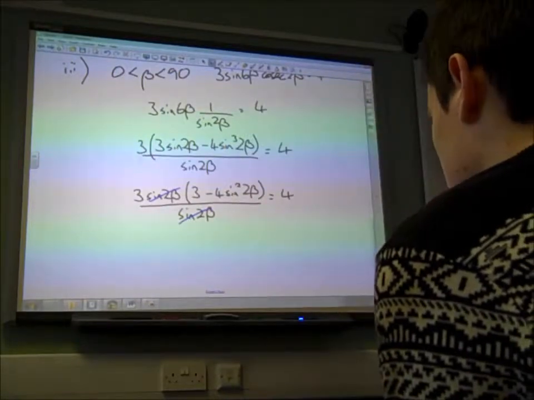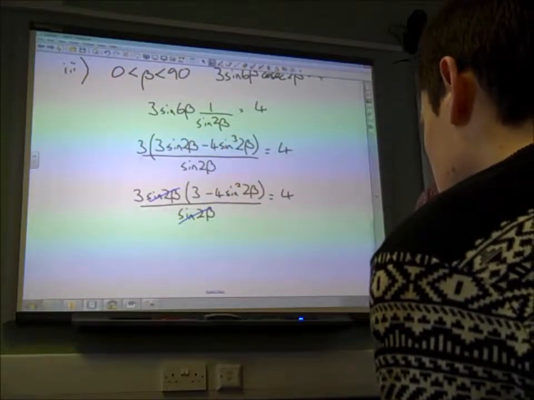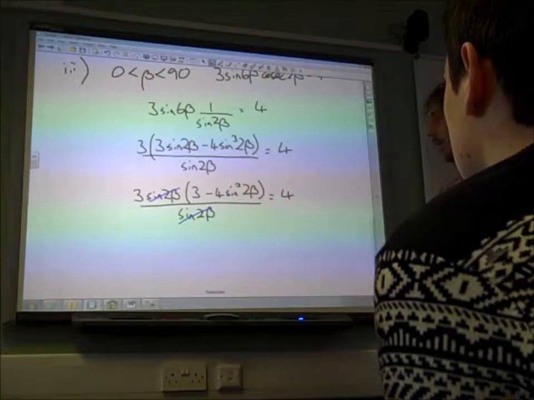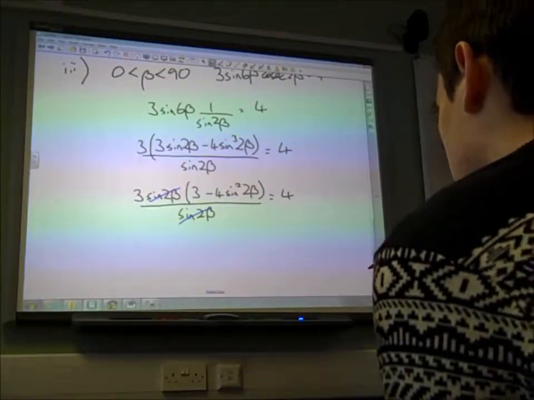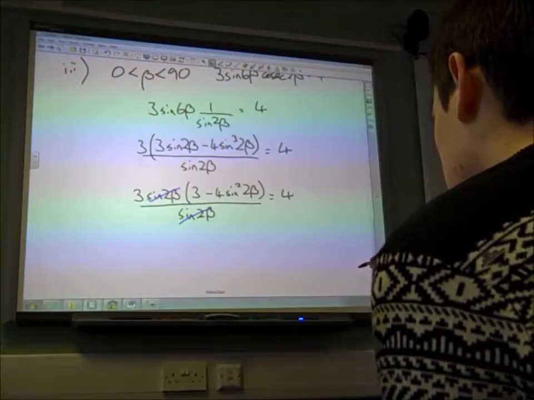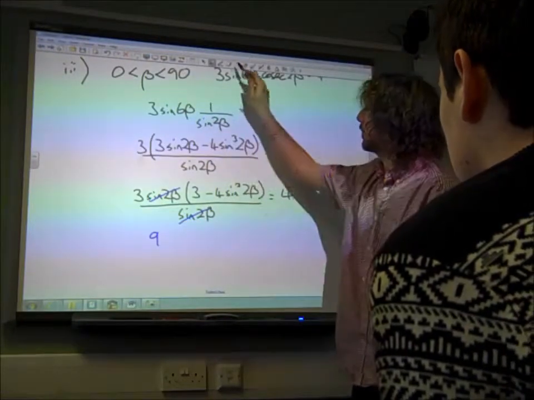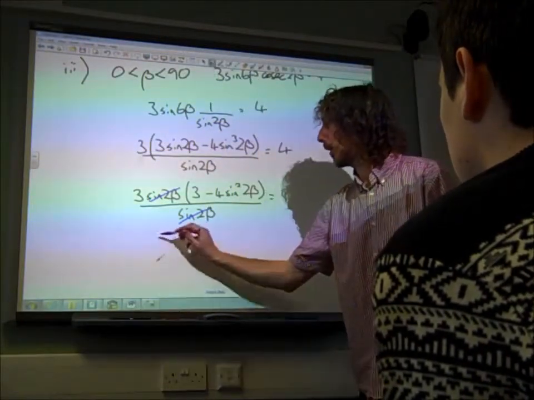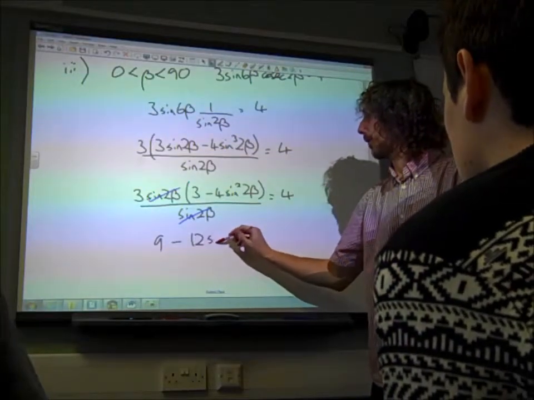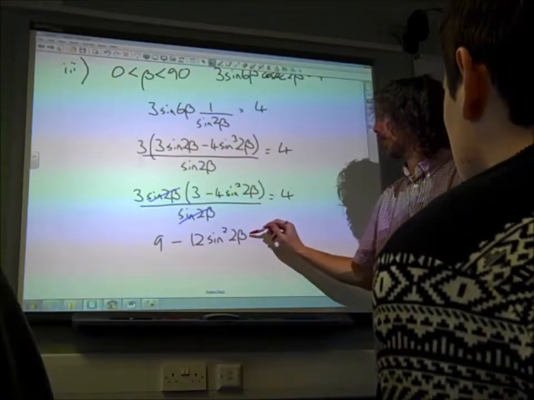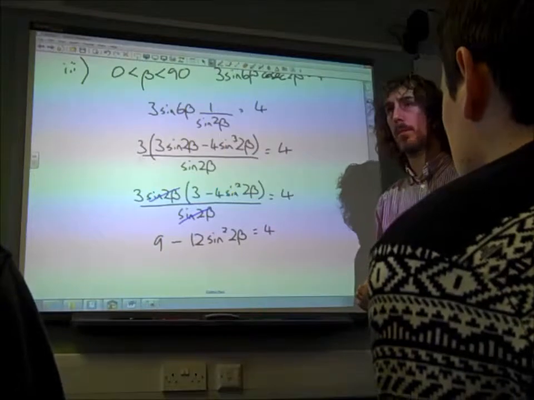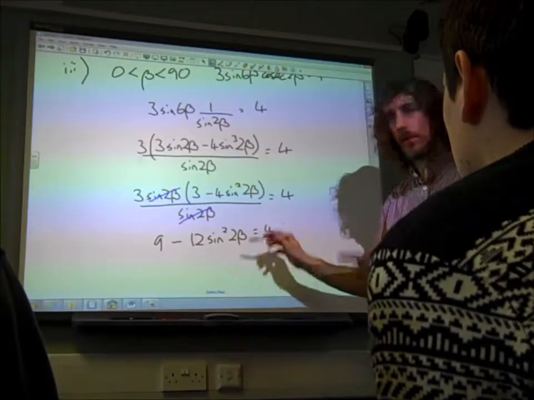Are we alright here? Are we all still together with this? If we rearrange what we've got, then we've now got, what's the easiest way of doing this? 9 minus 12 sine squared 2 beta equals 4. So shift things around a little bit.